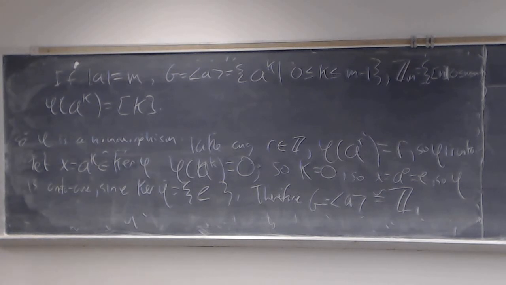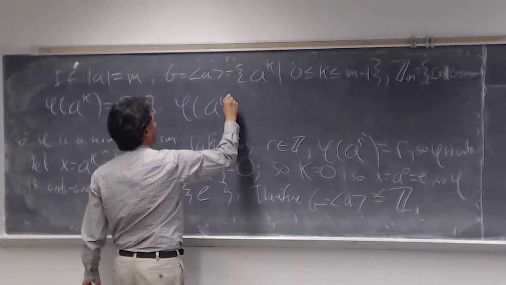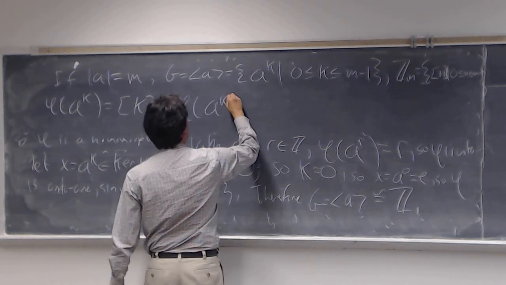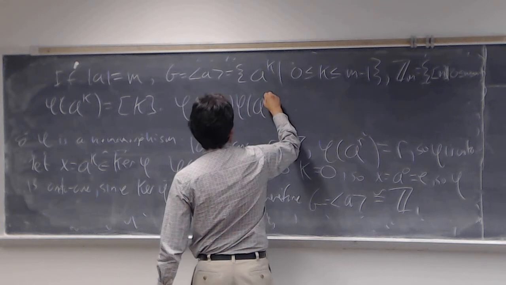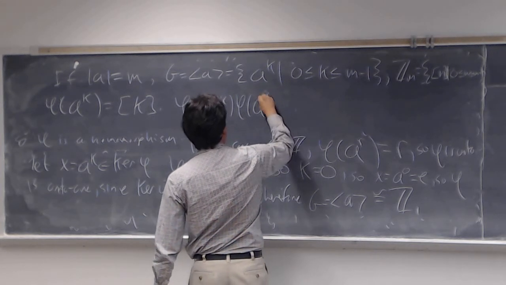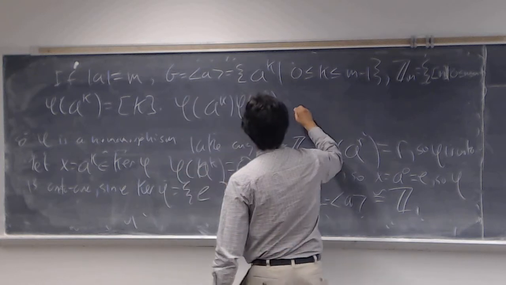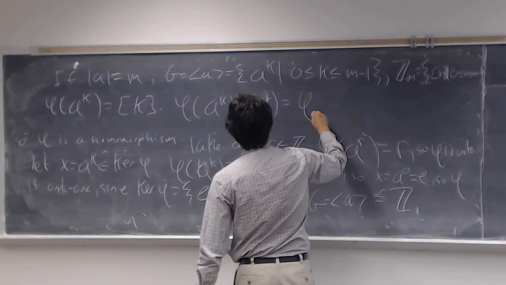Let's look, why is it a homomorphism? Again, it's just the properties of exponents. A to the k times the second element, a to the j.